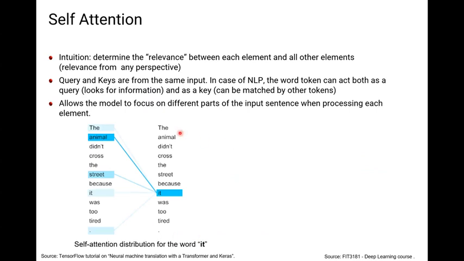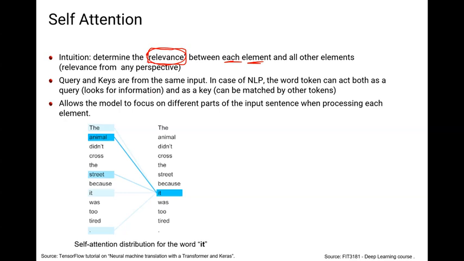So in other words, in this QKV mechanism, what we want to do is to retrieve the relevancy, how relevant each item is, associated with the others. Okay? We want to determine the relevance.